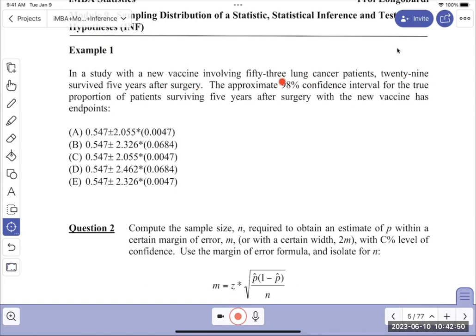Right, Patricia. So that's the sample. And then 29 survived. Survival is a success in this example. So that means that 53 is our N, sample size. And 29 is our X, successes. They survived. Got it?